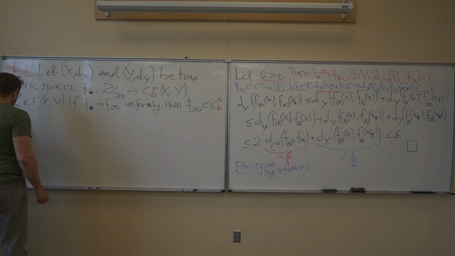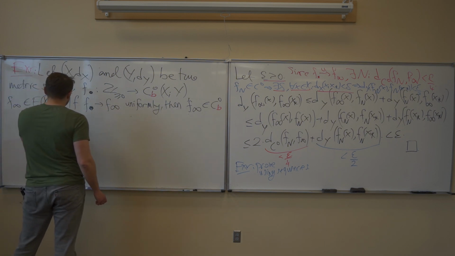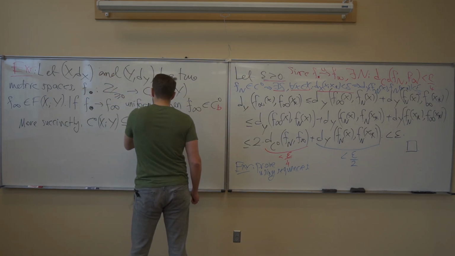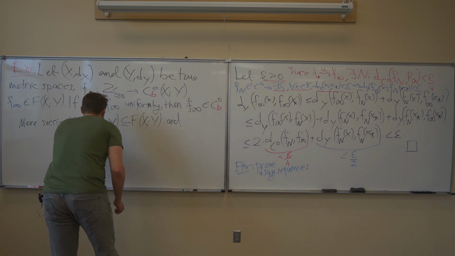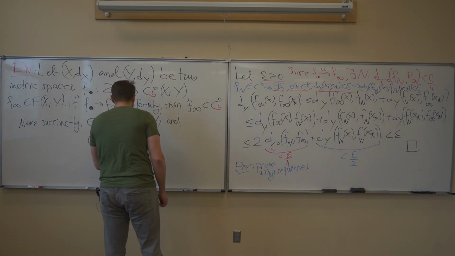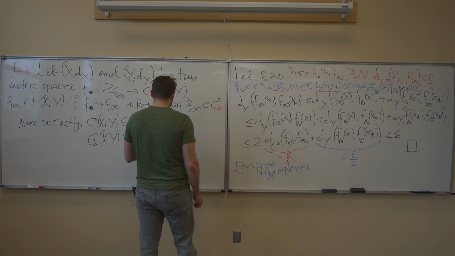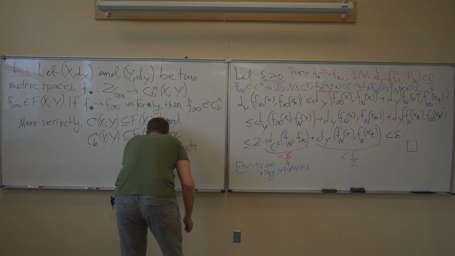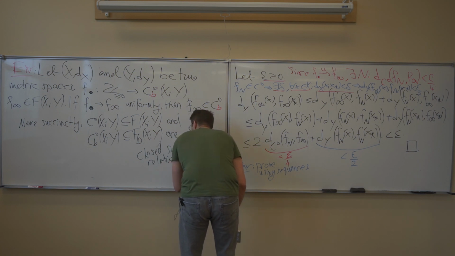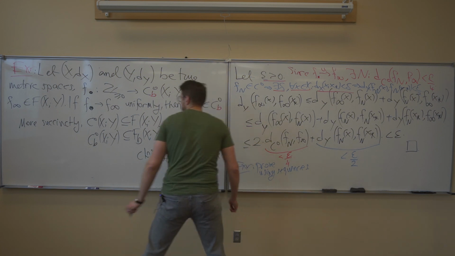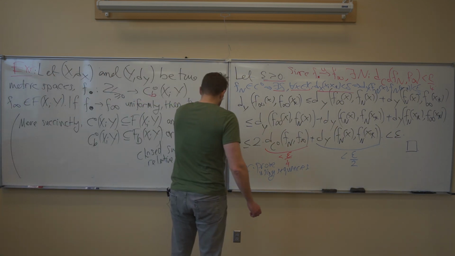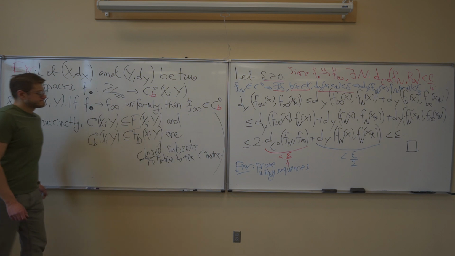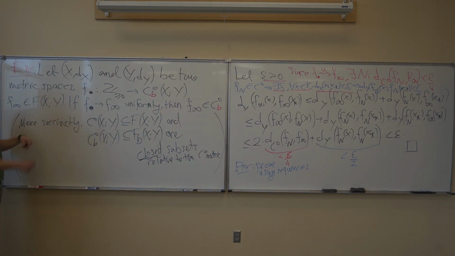C0(X,Y) and C0b, the set of continuous and bounded functions, are closed subsets relative to the C0 metric. This is literally the same thing as saying this.